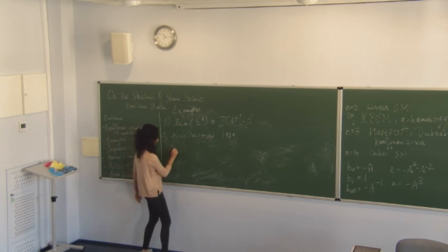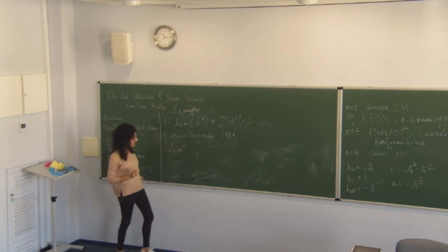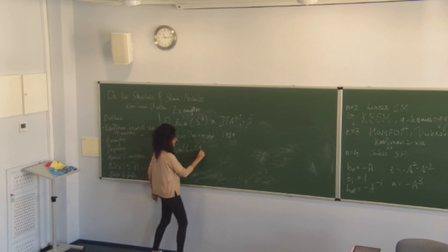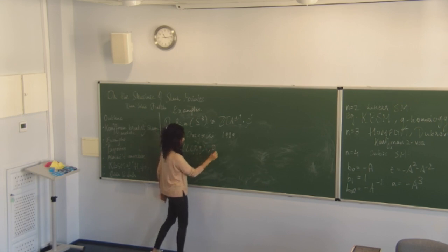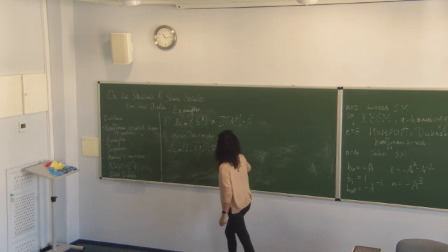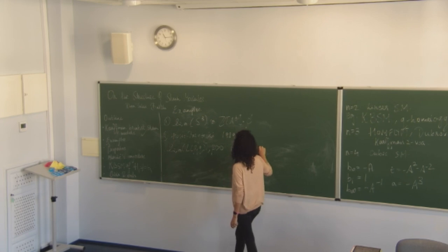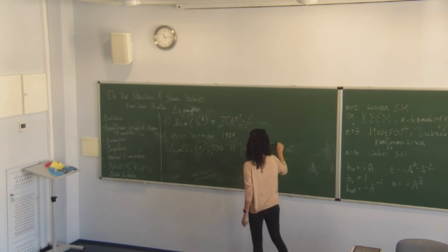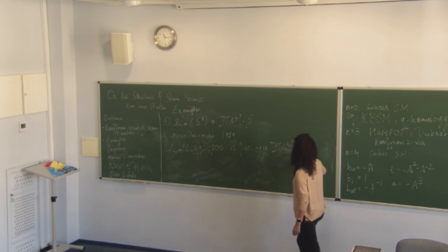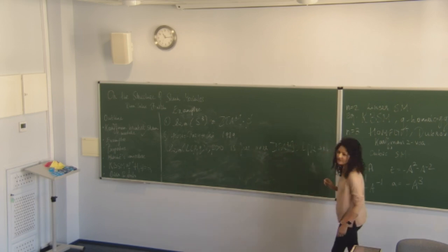They showed that the skein module, S2,infinity, that's the notation for the Kauffman bracket skein module, of a lens space L(p,q) where p is greater than 0 is free over the ring of Laurent polynomials, and it has floor of p/2 plus 1 free generators.